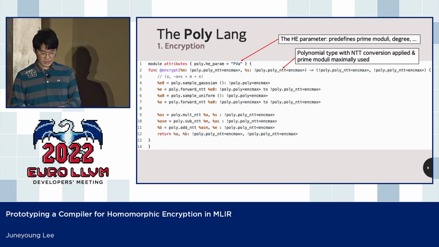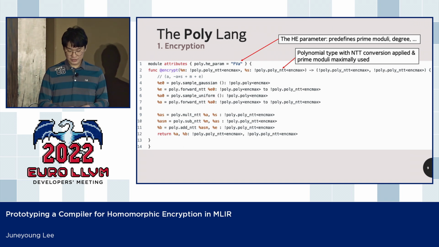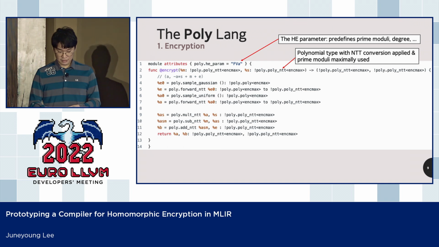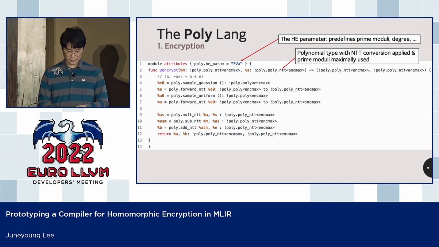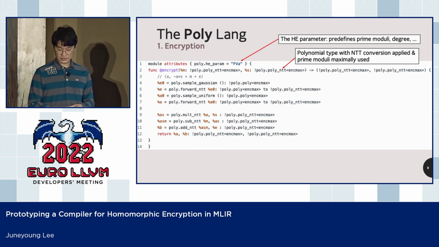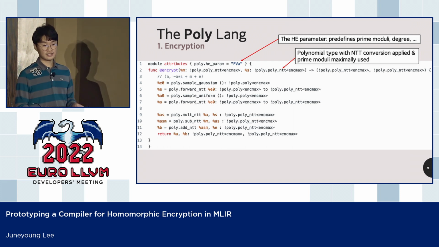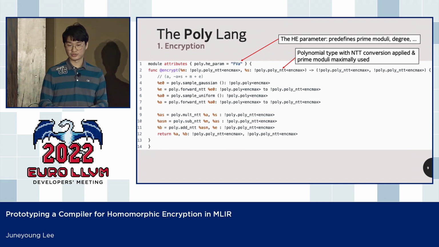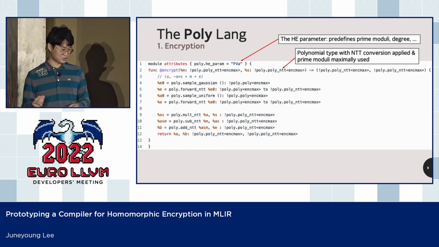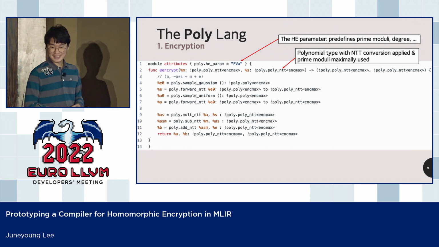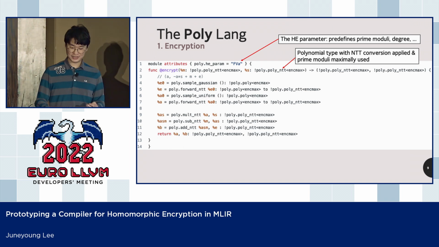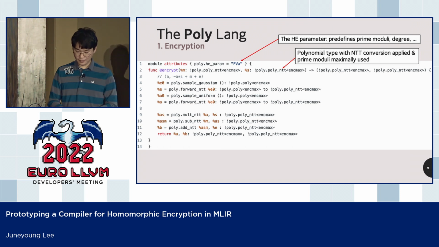And you can see that there are two arguments for this encryption function, and both of those have the poly underbar NTT type. It means that they are polynomials with NTT conversion already applied. Here, NTT is a shortcut for number theoretic transform, and it is analogous to the discrete Fourier transformation in this integer world.